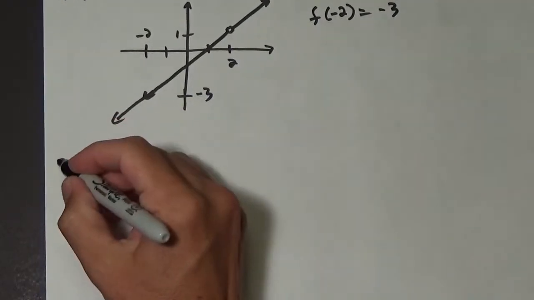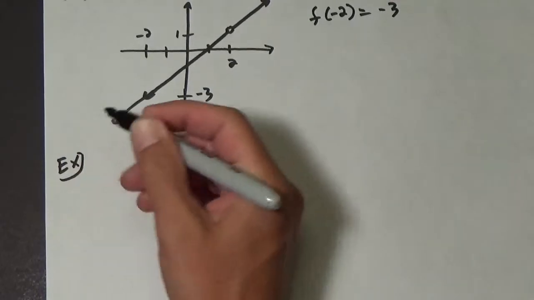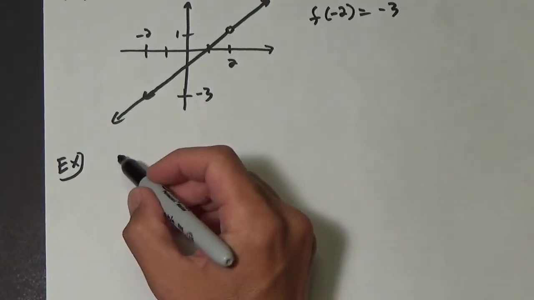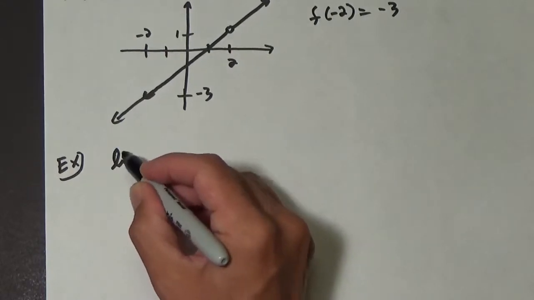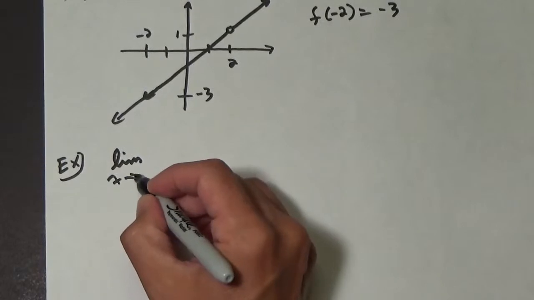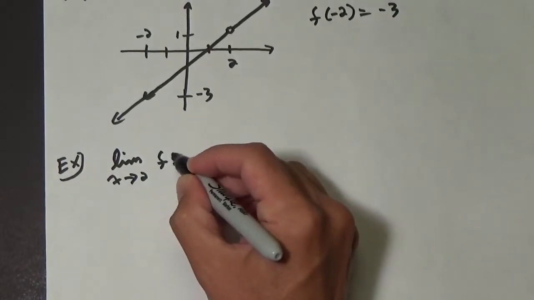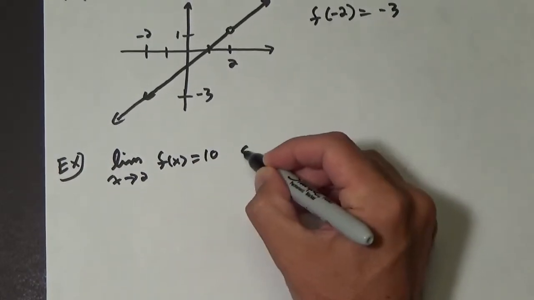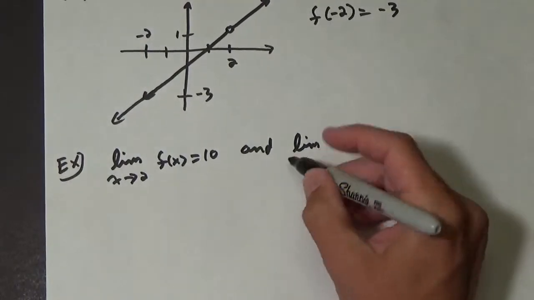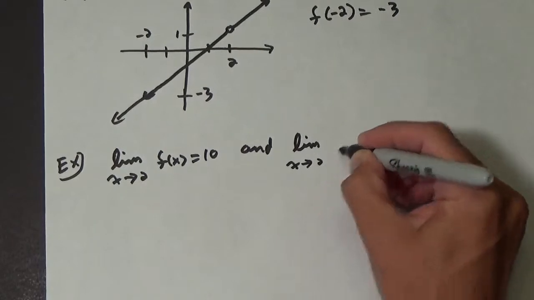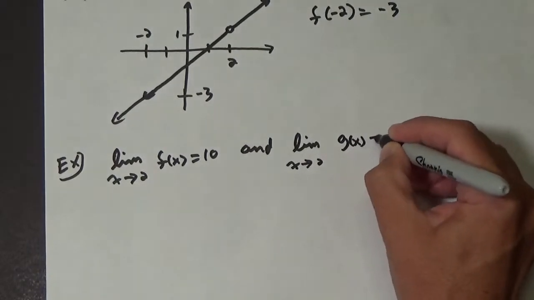Let's try another example here. This is kind of a different example. The limit as x approaches 2 of f of x equals 10, and the limit as x approaches 2 of g of x equals 3.